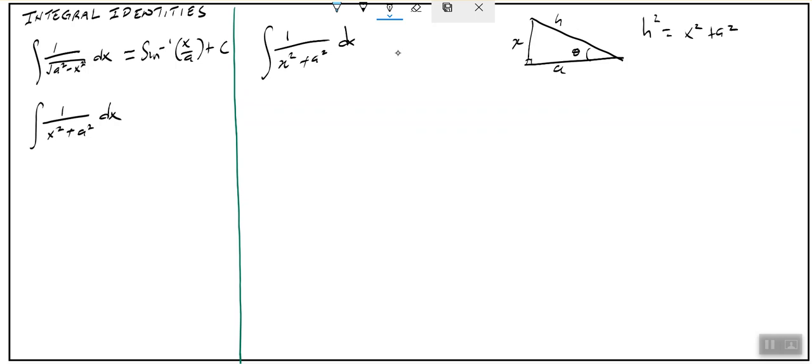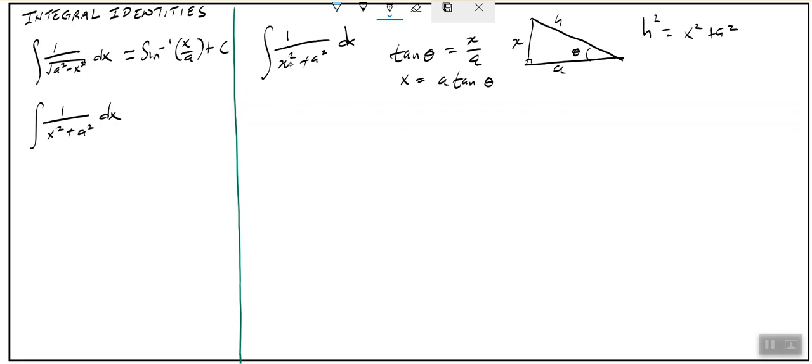The trig ratio that we can get with those two pieces of information is tan theta. Tan theta is opposite over adjacent. So that means we can use the substitution x equals a tan, not sine, a tan theta. That's the substitution we'll be using to solve this question.